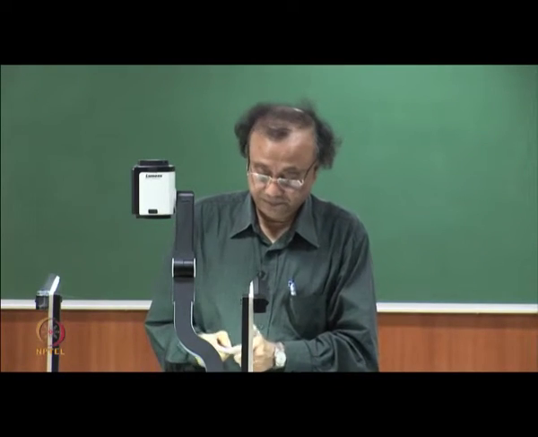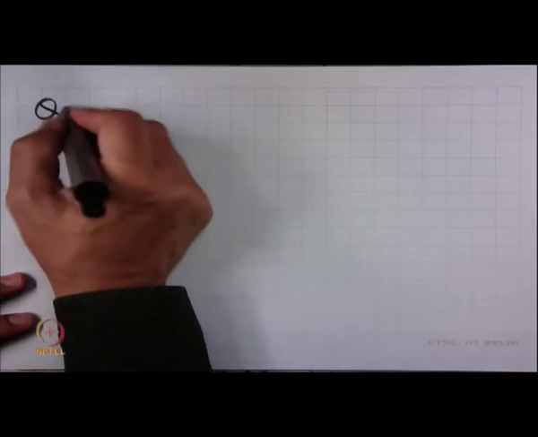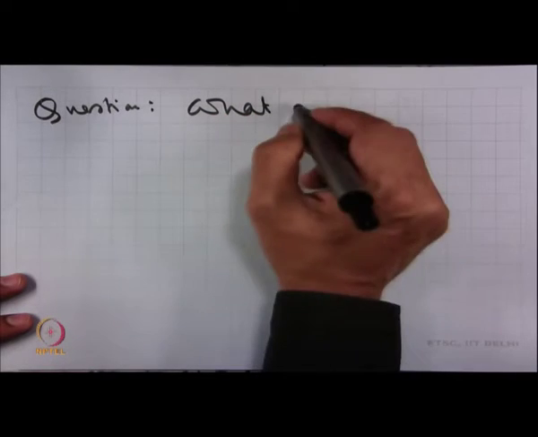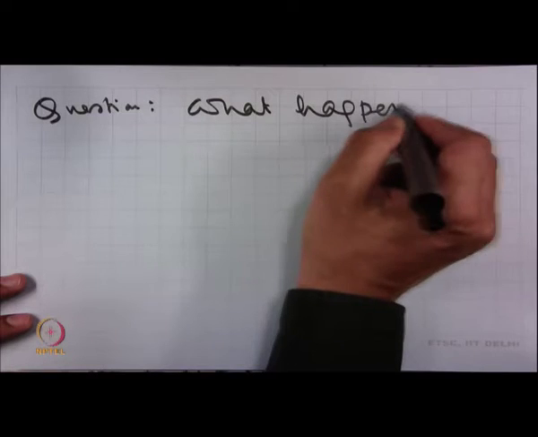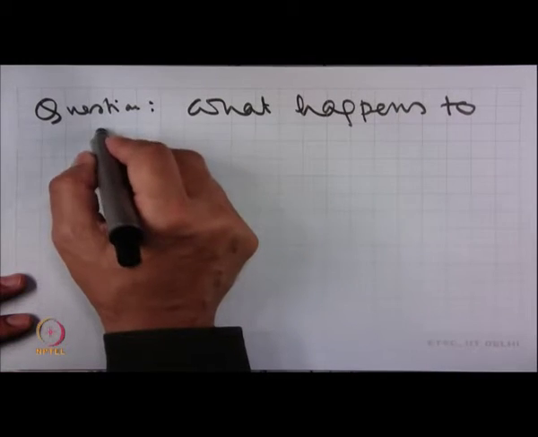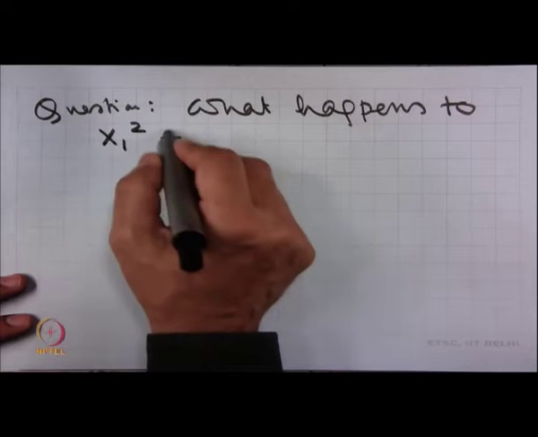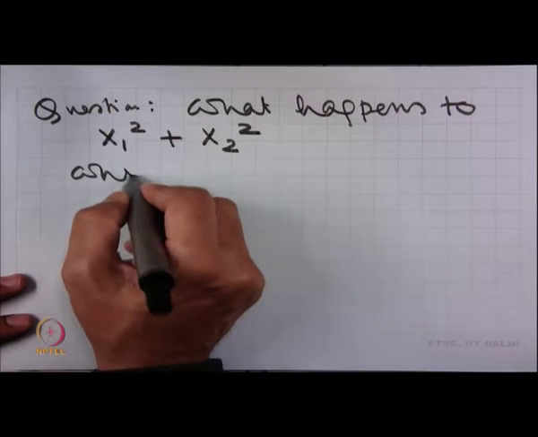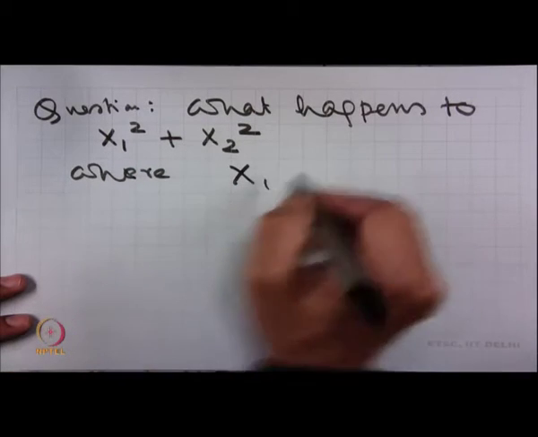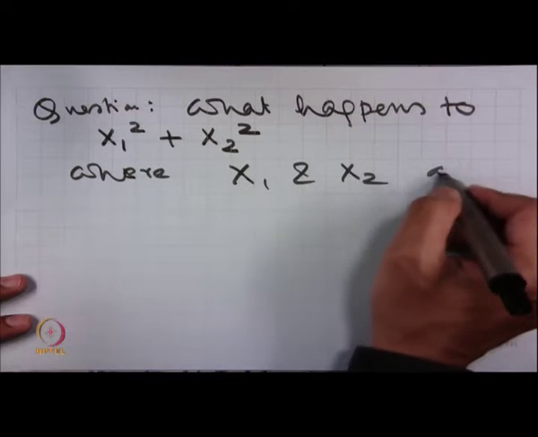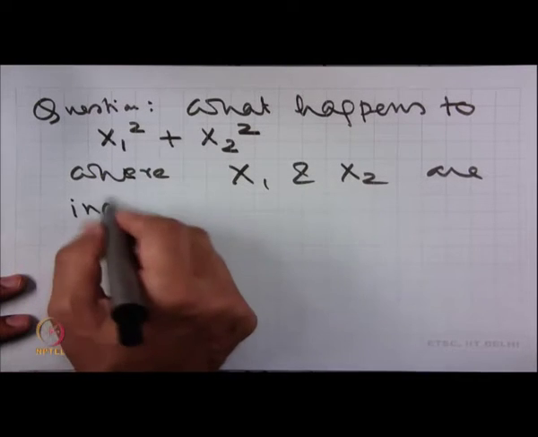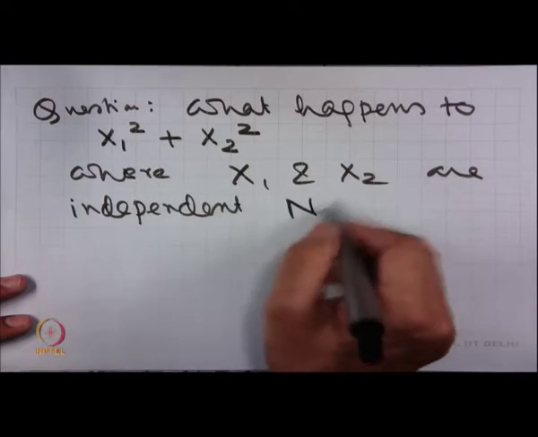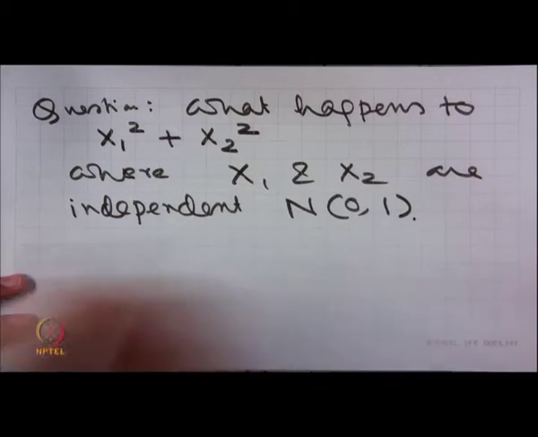Now, the question is, what happens to X1 square plus X2 square, where X1 and X2 are independent normal(0, 1)?